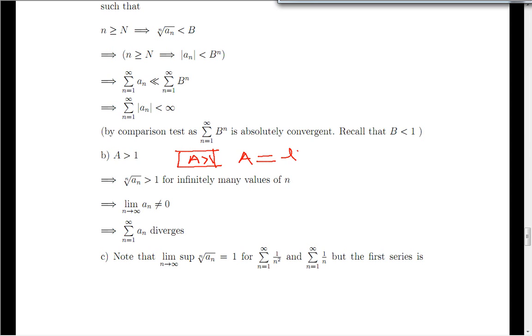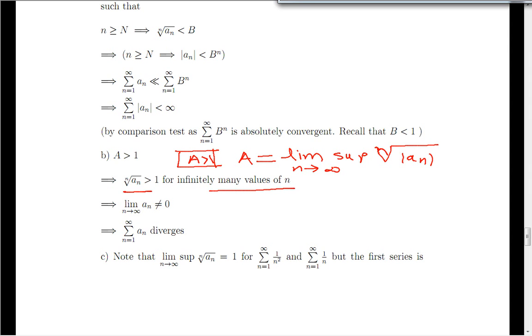A is limit superior of the nth root of the sequence mod a_n. It means that there are infinitely many values of n for which nth root of mod a_n is greater than 1.